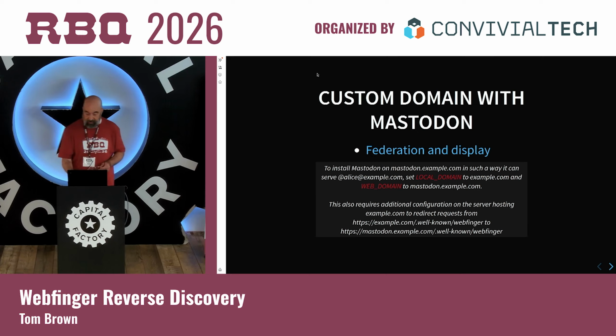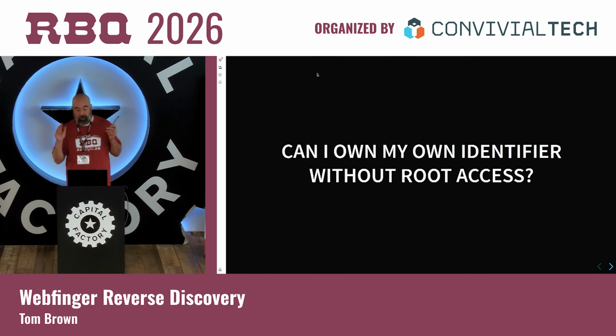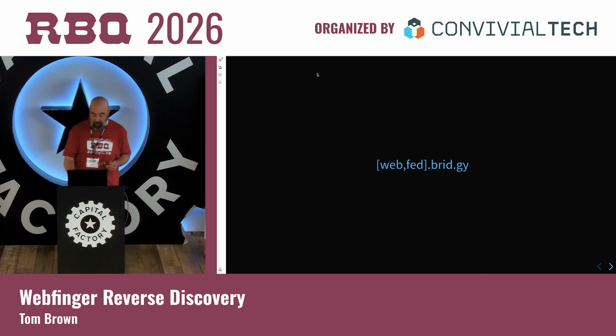So there's a link to how you do that on Mastodon, but it requires setting environment variables. So can I own my own identifier without root access? There's a couple of ways to do that. The first one is with a super site called Bridgy, which has become real popular because it allows Bluesky users and Fediverse users to communicate with each other.